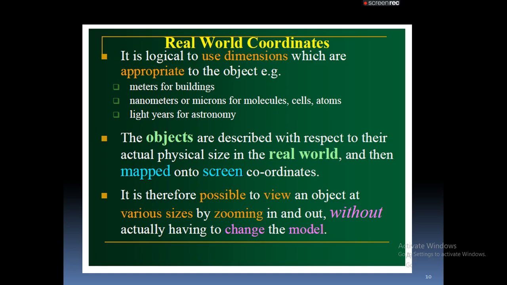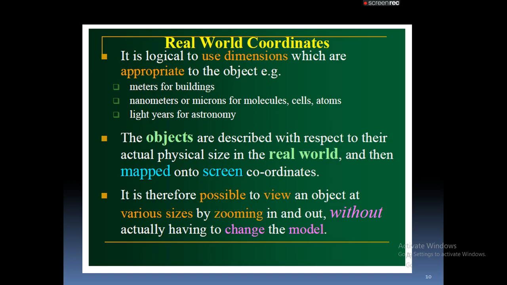When we move the camera near to the object, the size of the object goes on increasing. That is called zooming in. When you move the synthetic camera away from the object, the size of the object goes on decreasing. This is nothing but zooming out.